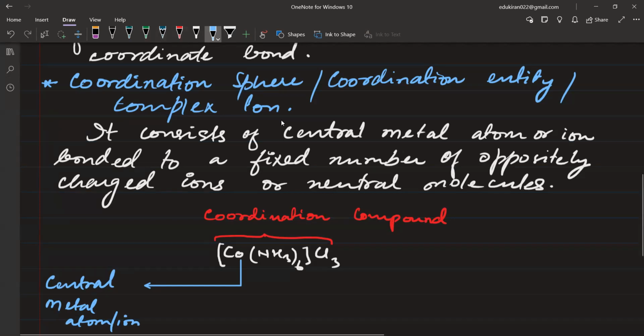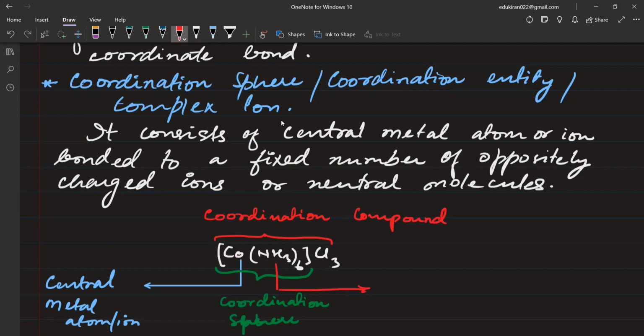Now, this complete thing inside the square brackets, this is known as the coordination sphere. Okay. And then we have something which is known as ligand. So here NH3 is what?